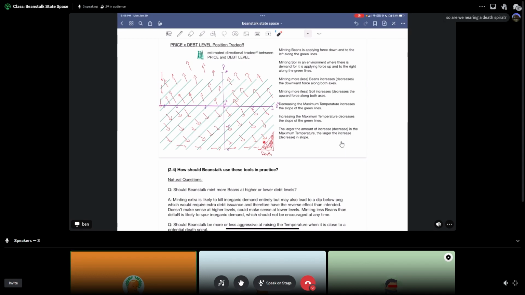So yeah, lower temperature is definitely good at this point, given that there's no demand for soil. Whenever there is demand for soil, if it comes in at this rate, it can probably come in at a slightly lower rate too.